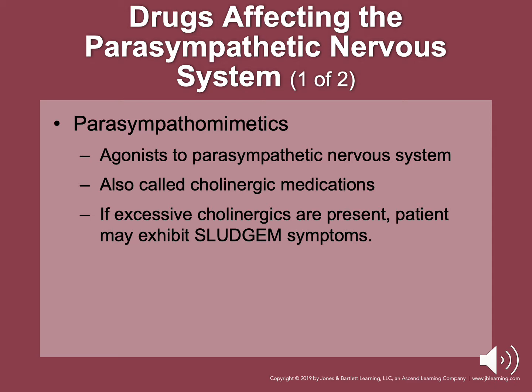If excessive cholinergics are present, the patient may exhibit SLUDGE symptoms: salivation, sweating, lacrimation, urination, defecation, drooling, diarrhea, gastrointestinal upset and cramping, and emesis, muscle twitching, and miosis. Patients exposed to certain fertilizers, insecticides, VX, and sarin gas may exhibit these symptoms.